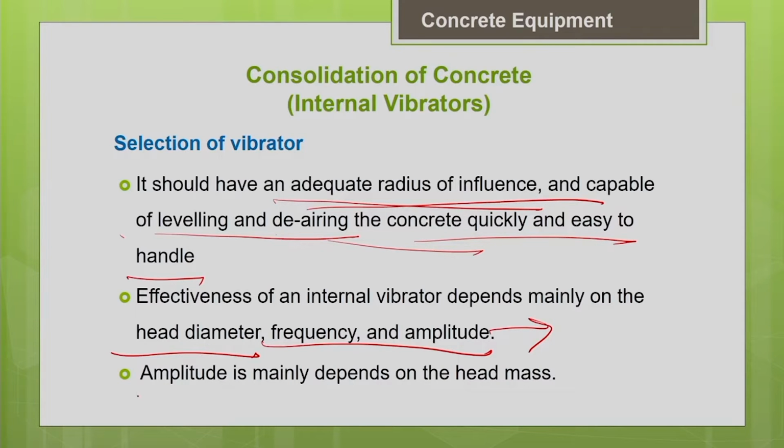According to the concrete consistency, you need to vary the amplitude and the frequency. Very commonly at the job site, we are not able to vary the amplitude and the frequency much, but for concrete made in factories, you can have much more control over the amplitude and the frequency, so that you can control your consolidation.